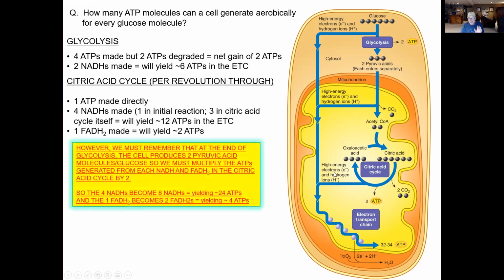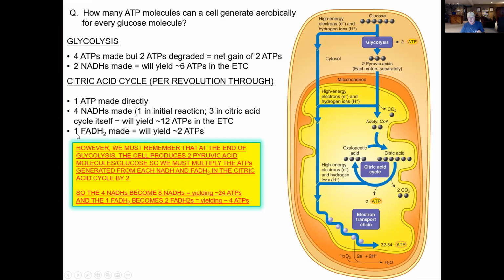But don't forget, we've got to go through this 2 times because we make 2 pyruvic acids per glucose. In essence, then, we must change all of these numbers. We have to multiply all this by 2. So now we've got the 4 NADHs, excuse me, that become now 8, yielding 24 ATPs.